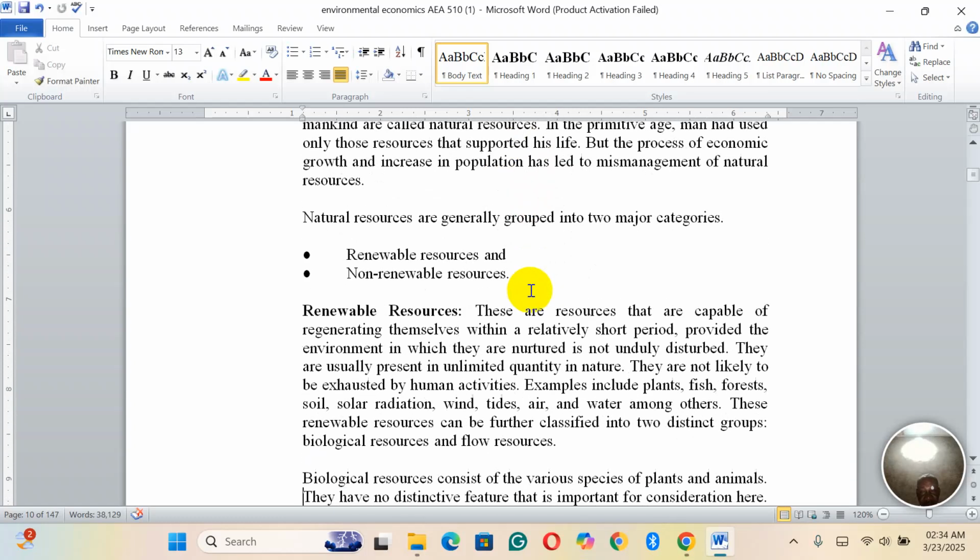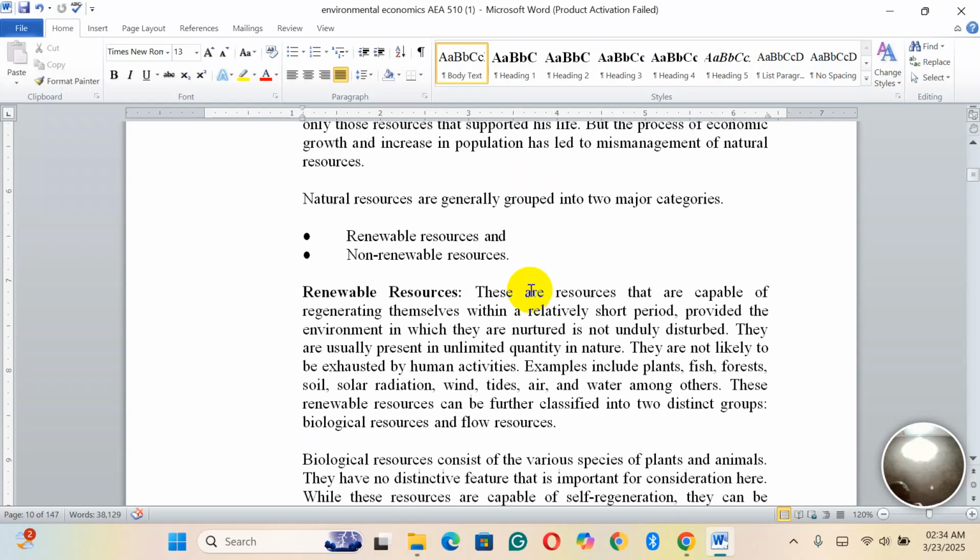The renewable resources are resources that are capable of regenerating themselves within a relatively short period, provided the environment in which they are nurtured is maintained.